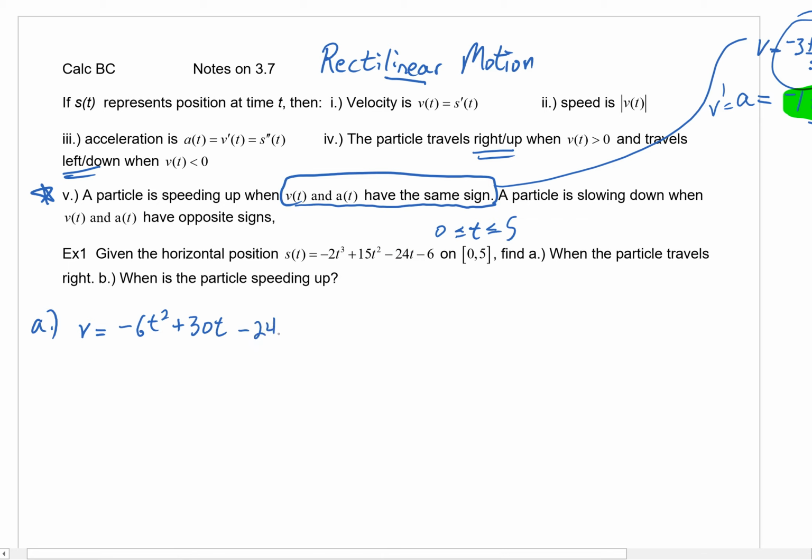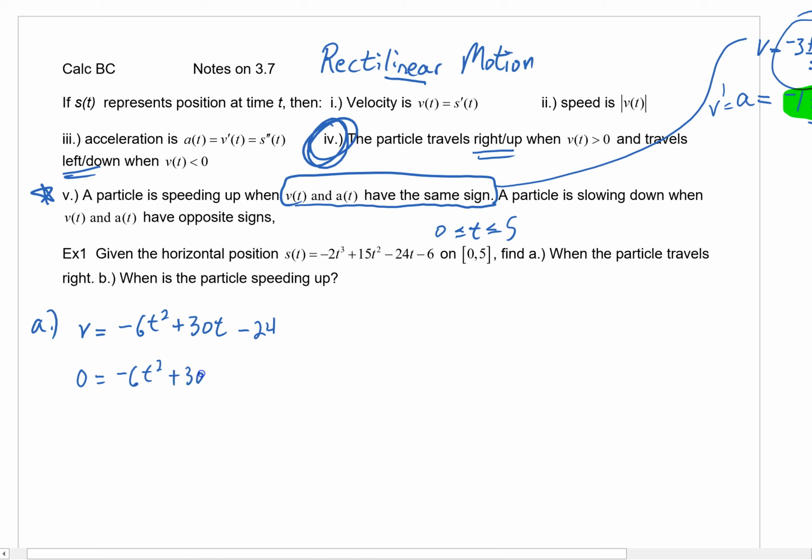And you could say, okay, so when are we traveling to the right? Well, if you were looking right back up here with the fourth little part of the notes, you're traveling to the right when velocity is positive. And it's good to find out when velocity is 0. That, of course, means that your particle would be at rest, wouldn't it?